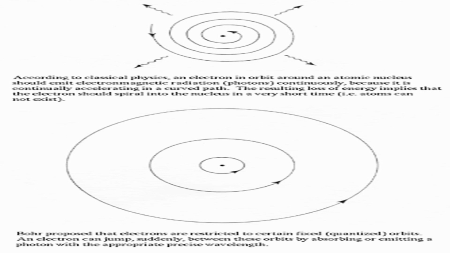According to Bohr's atomic model, we know that electrons revolve around the nucleus in circular paths, that are called orbits. These orbits are also called energy levels or shells.